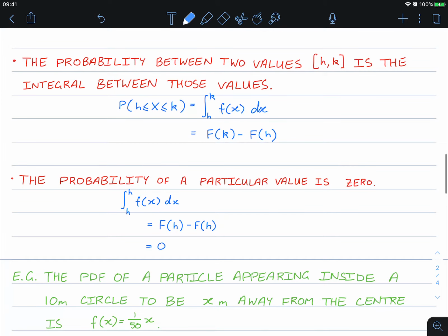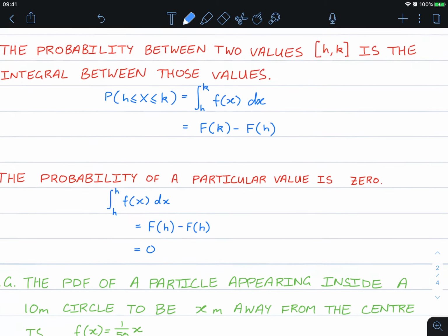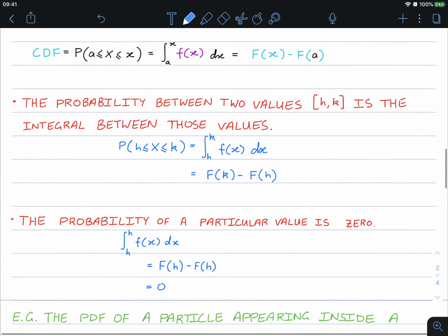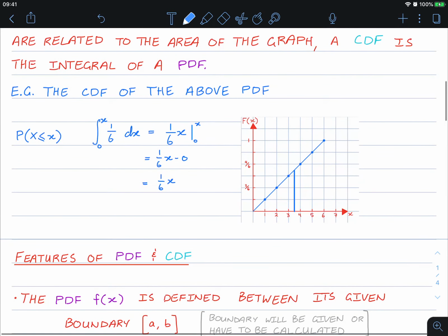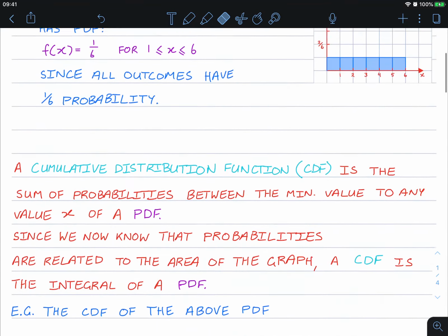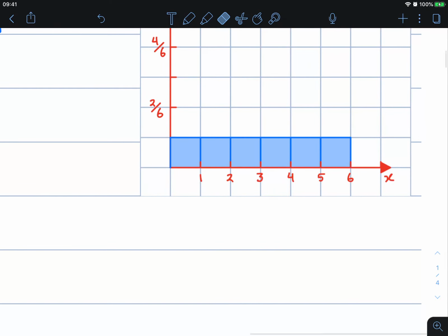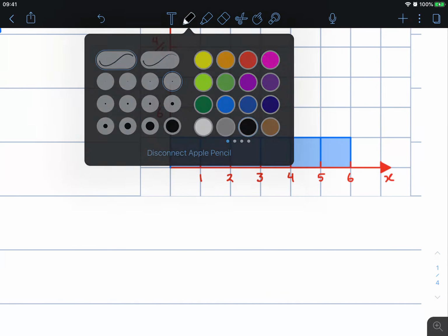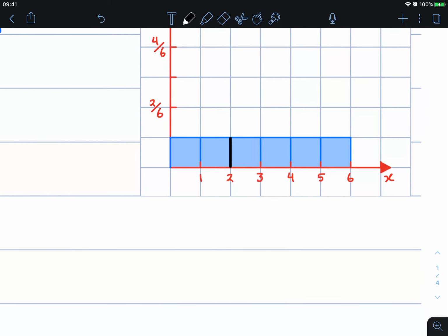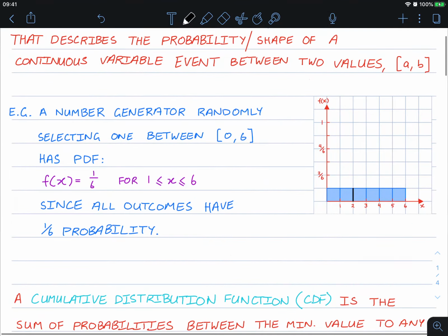The probability of a particular value is 0. So if, for example, in this example, what's the probability of picking exactly the number 2? So let's say this one here. What's the probability of picking the number 2?